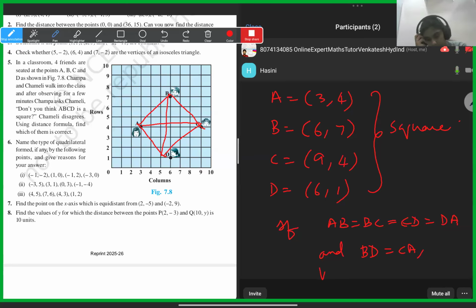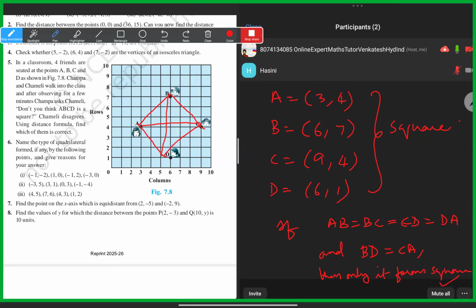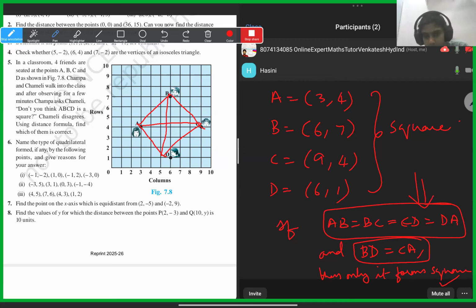Okay, sir. Then only it forms a square. Otherwise, if we find these four distances and the diagonal distances using these vertices, and we get them as per the written way, the same, then only Champa is correct, Hasni. Otherwise, Chameli is correct.